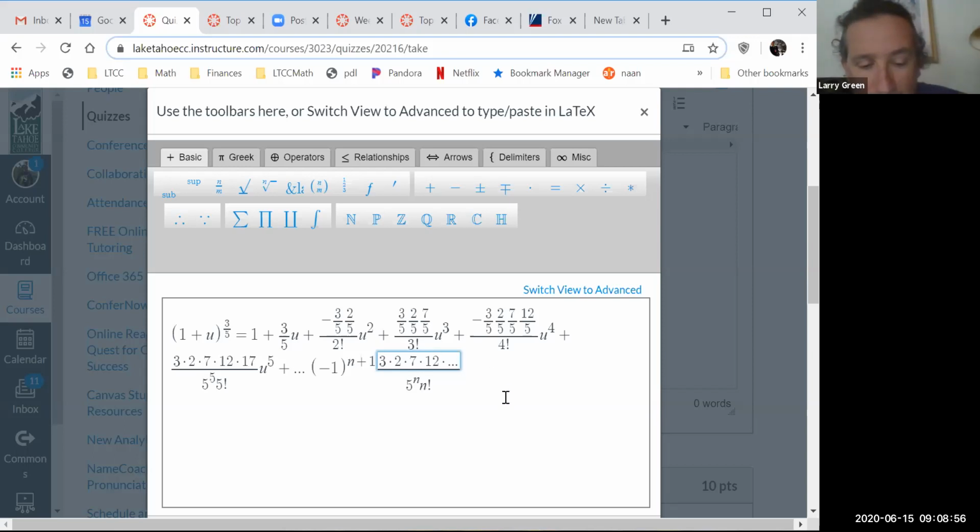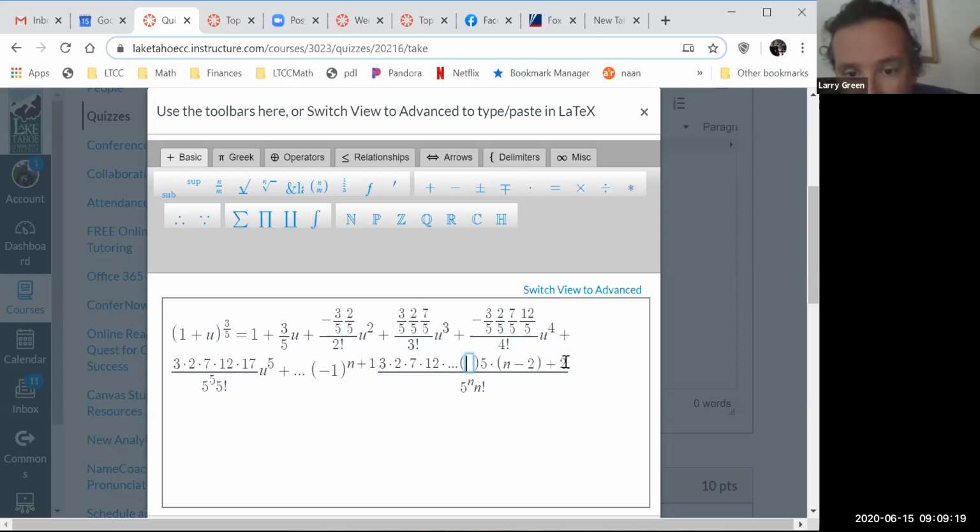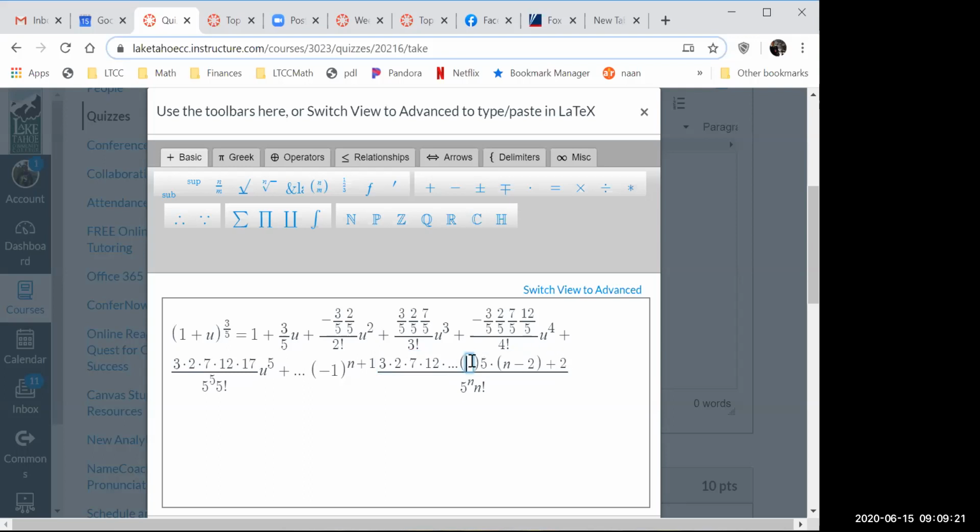So we're going to go 5 times, and then the 3 comes from n minus 2, plus 2. You could also do 5 times n plus 3 minus 3. That's the same thing. That's totally your choice. So is that the only way to write? Basically, we're adding 5 each time?